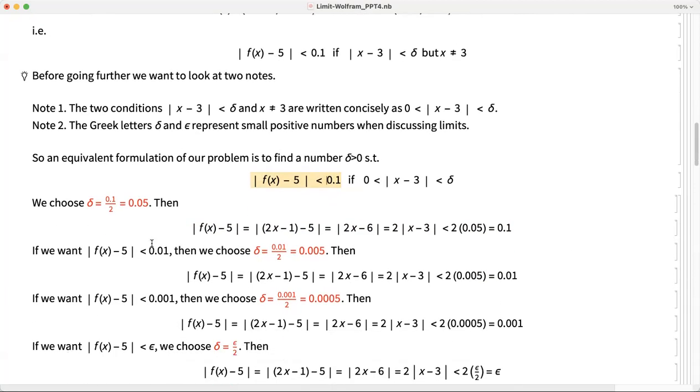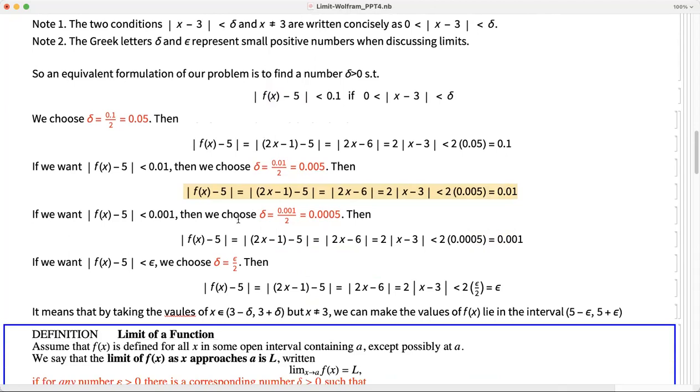And if we want to find delta so that the absolute value of f of x minus 5 is less than 0.01, then we choose delta as 0.01 over 2, and we get 0.01 right here. Similarly, for less than 0.001. And if we generalize to epsilon, we choose delta as epsilon over 2, and finally we get this. So now you see that we got the relationship between epsilon and delta.